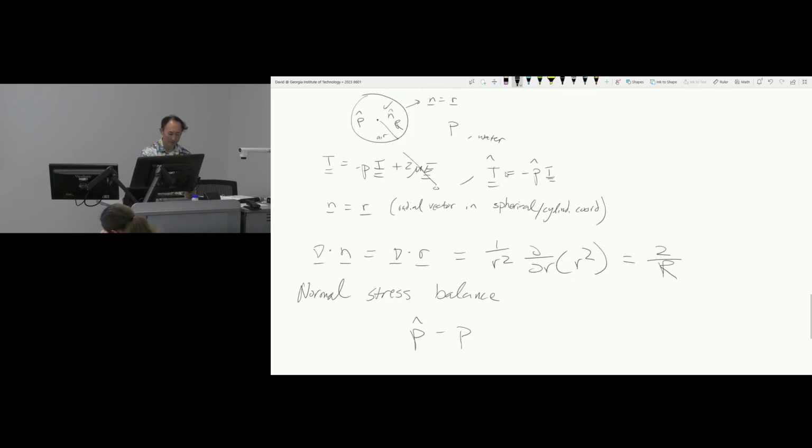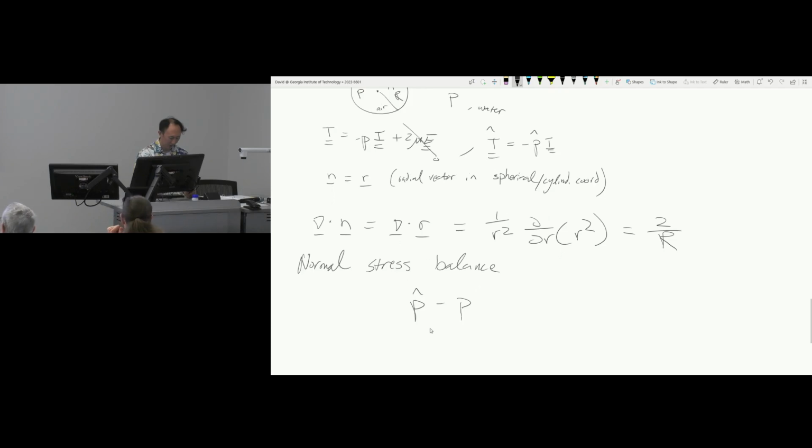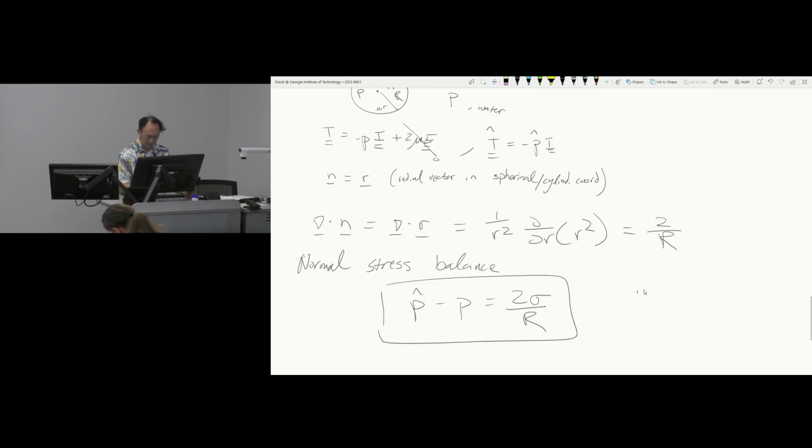The negative sign here makes it so we have p hat, the air pressure, minus the pressure outside. This is the bubble pressure minus the atmospheric pressure.